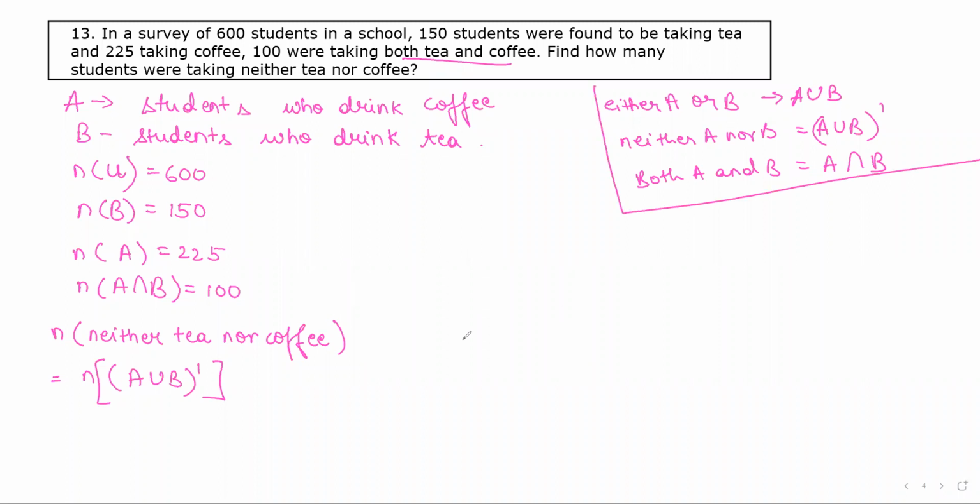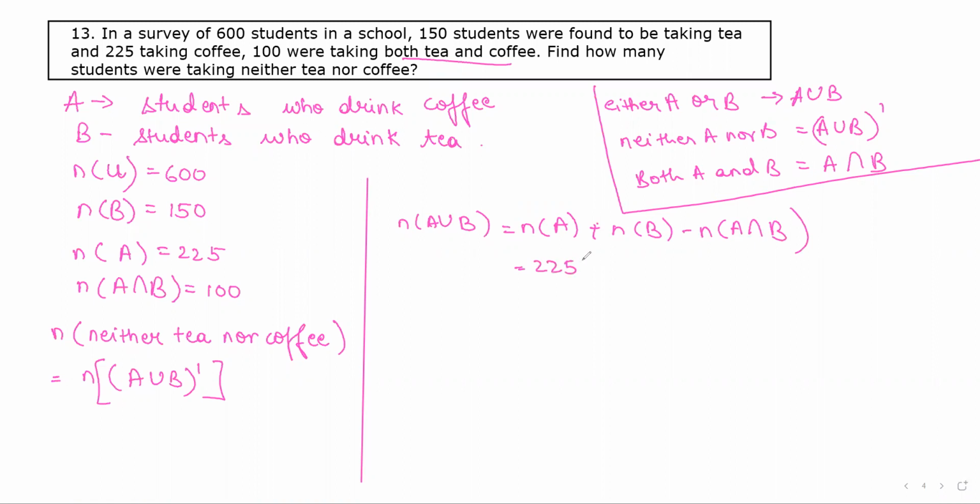Now that's settled. You are supposed to find A union B full complement. So we know the formula for A union B: the number of elements in A union B will be equal to n of A plus n of B minus n of A intersection B. Now n of A is 225 plus n of B is 150 minus 100.